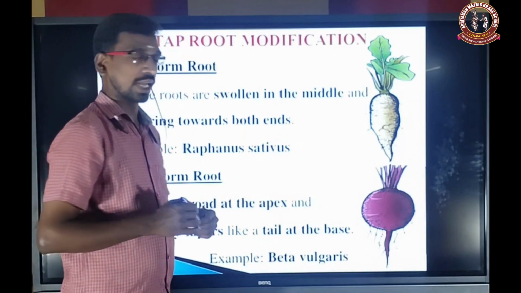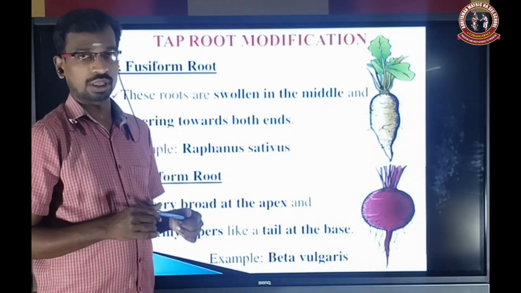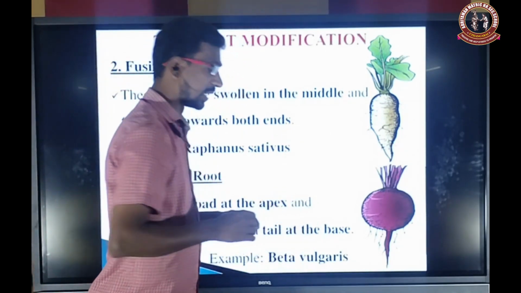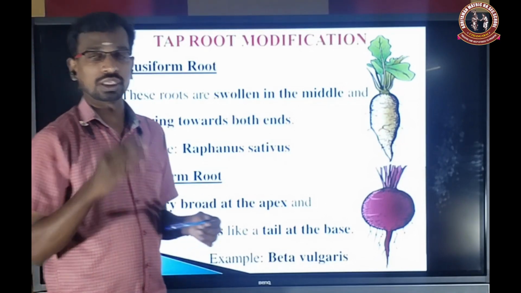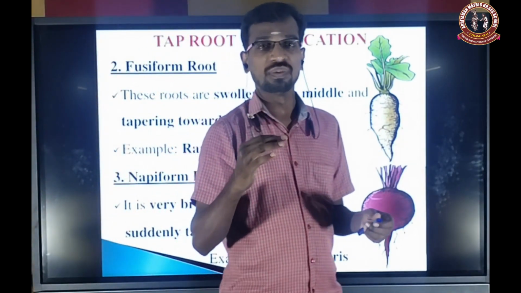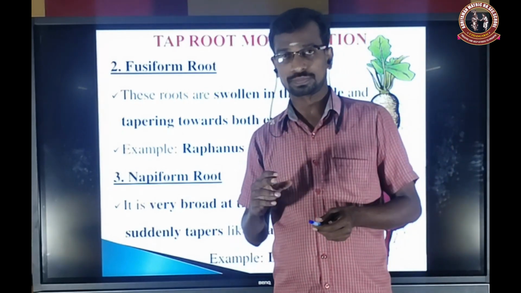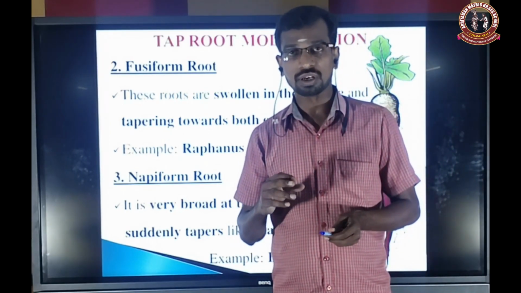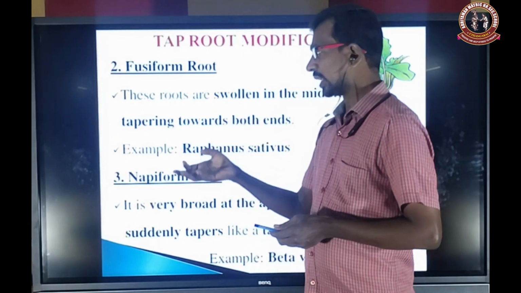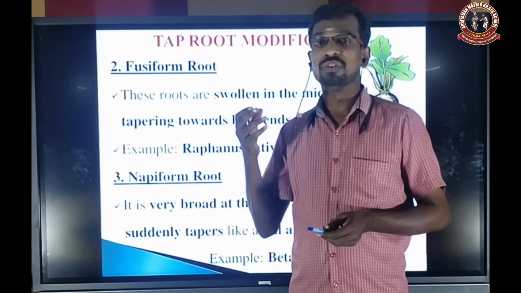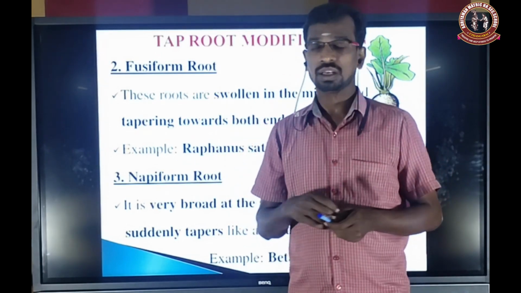Example: Beta vulgaris, beetroot. The binomial name of beetroot is Beta vulgaris. So these are the three types of taproot modification especially for storage purpose: conical, fusiform, and napiform.